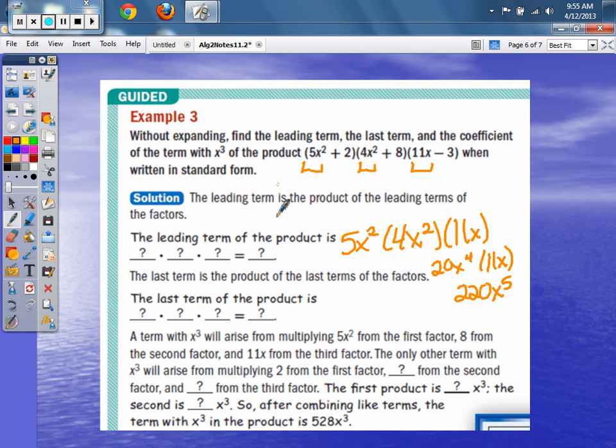That will be our leading term, because you're going to take the largest exponent out of every quantity that we're multiplying together. The last term, we are going to take the lowest exponent in each quantity.